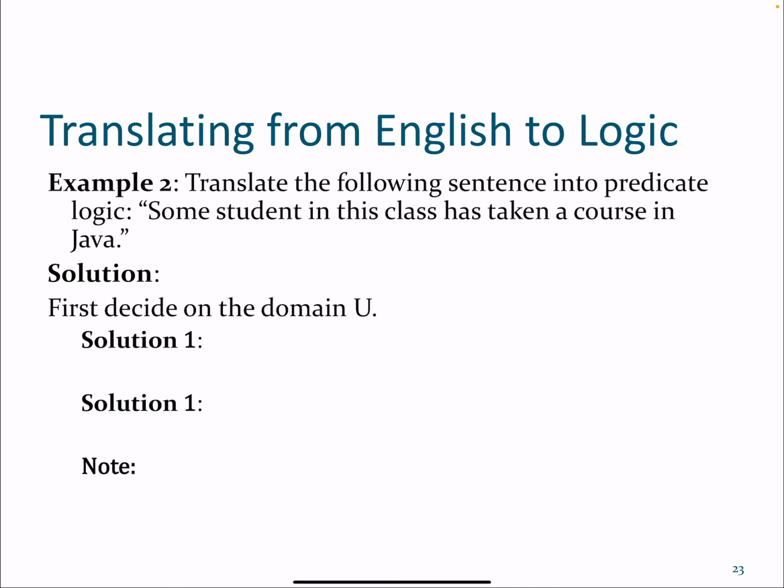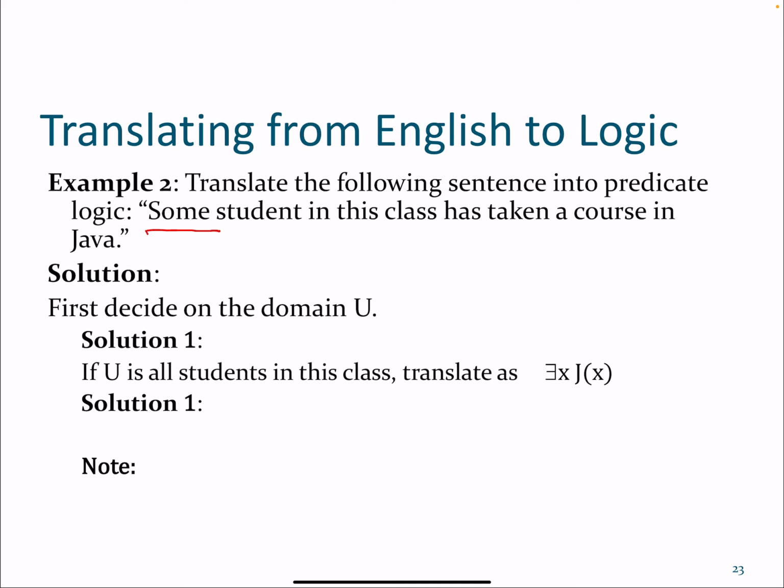Let's look at another example, changed a little bit. Some student in this class has taken a course in Java. How do we translate this into predicate logic? Same as before, let's decide what domain we're using. If U is all the students in the class, then this sentence is simply there exists x, Jx.